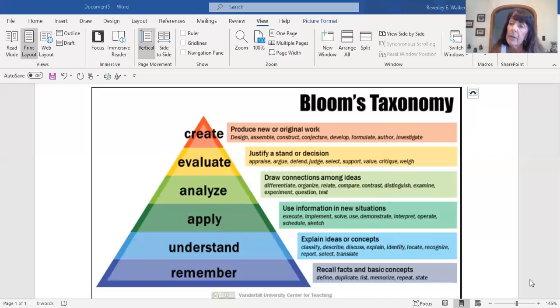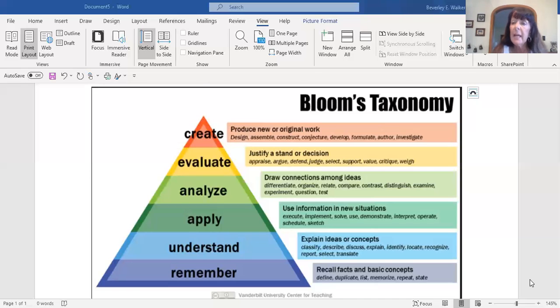And it's an indicator of what we want the student to be able to do or know after the completion of the lesson. So in the activity related to Bloom's, you were to take the objectives in your lesson plan and then look at them and try to determine which level of this taxonomy your lesson plan meets.